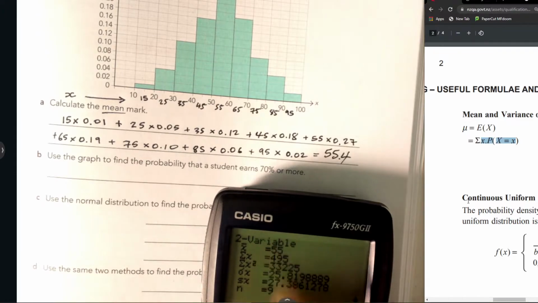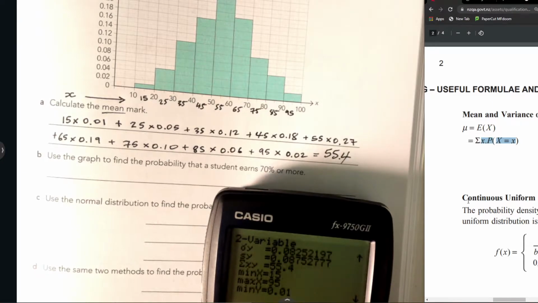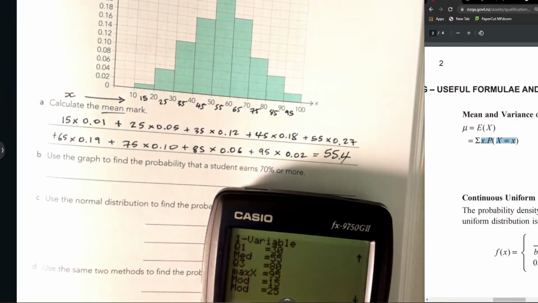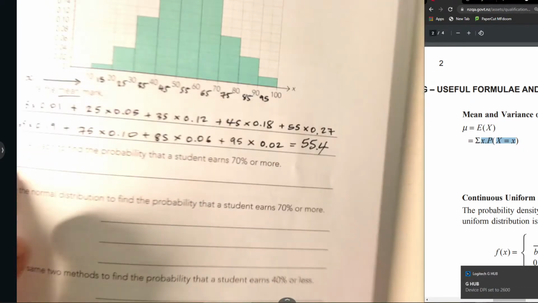See that X bar? That should be 55.4. Standard deviation is coming out different as well. Dang it! I wanted to restart the video. I've been talking for so long. Let's see what the answer says.